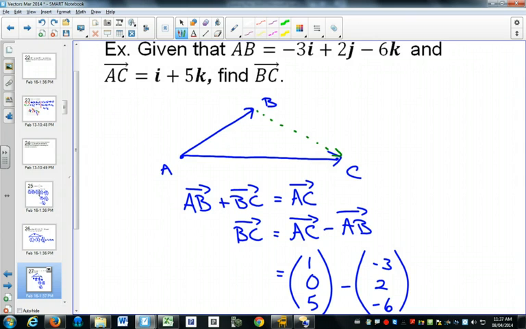Okay? Some people would say, if I started here and I wanted to get to here, because that's what BC is, how could I do that? Well, I would have to go backwards along this one first. So that would be negative A to B. You could write it as B to A, right?